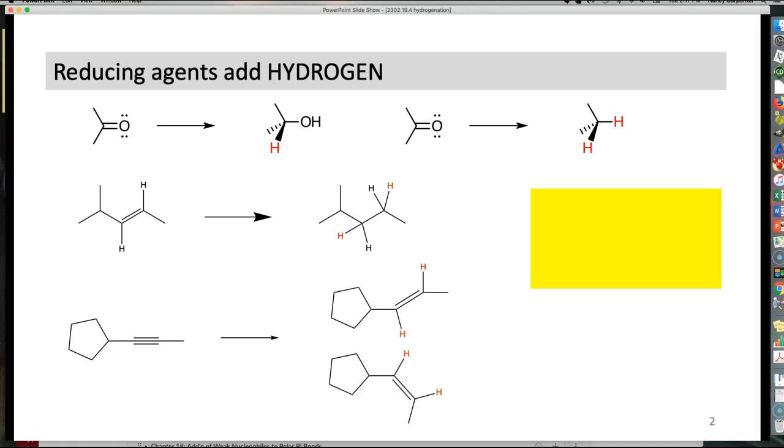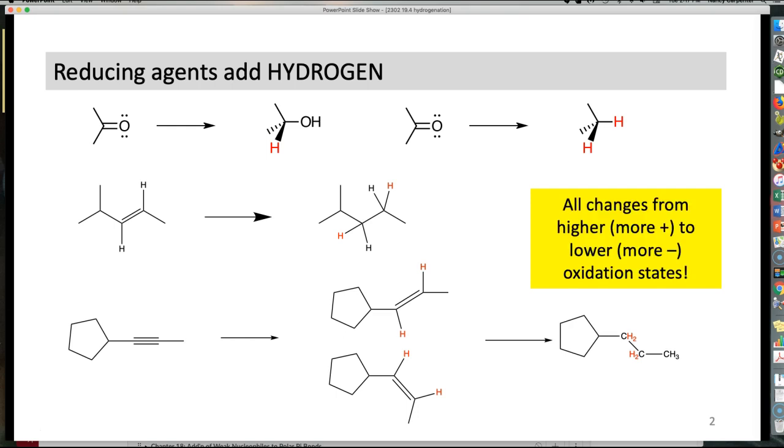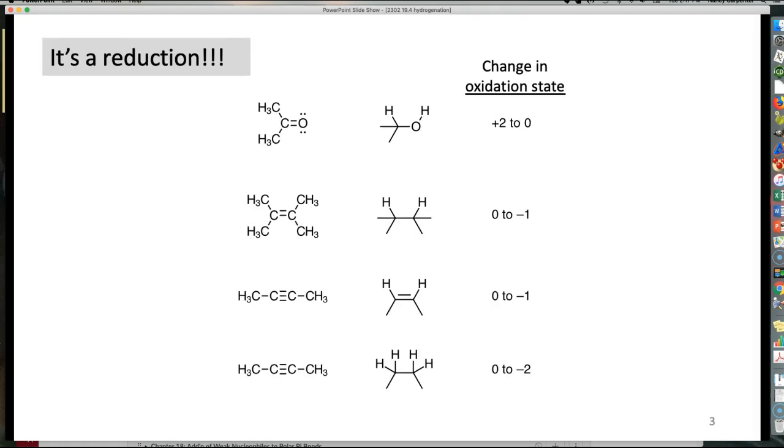Going from an alkyne to either the E or the Z alkene, and then even further, all the way down to the alkane, you got it, it's a reduction. What you want to note, and what will become quite evident in the next slide, is that in going from left to right in all of these examples, we are going from a higher, more positive oxidation state to a lower, more negative oxidation state, hence, again, a reduction.